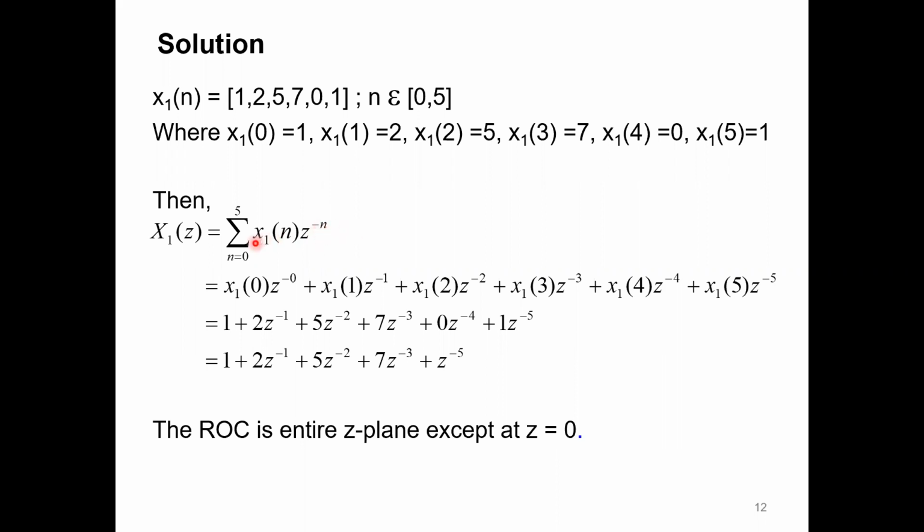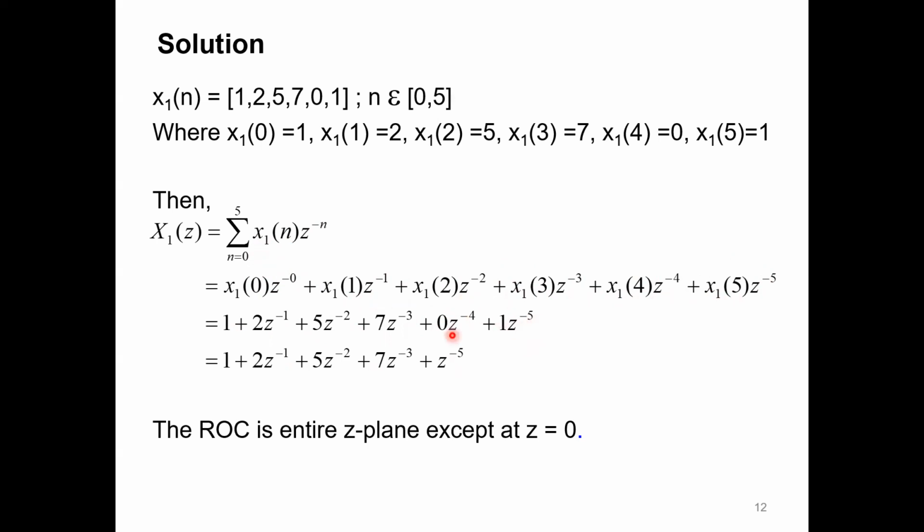Second term, x1[1] is z to the minus 1. Third term, x1[2] is z to the minus 2, and so on. It goes like that, all 5 terms. Please write it down yourself. Get a bit of practice. If you haven't done this before in math modules, this is the time to catch up. Once you write down this summation, you substitute for the first sample, second, third, fourth, like that.